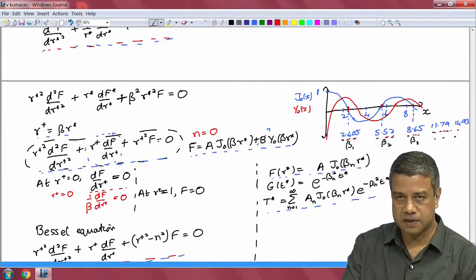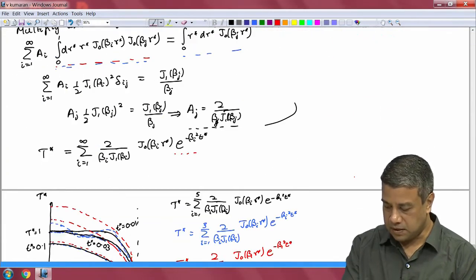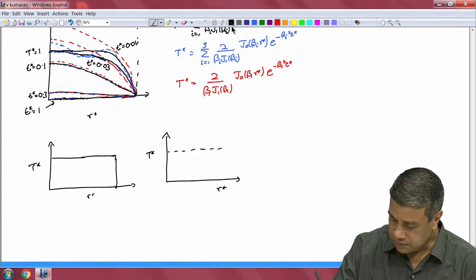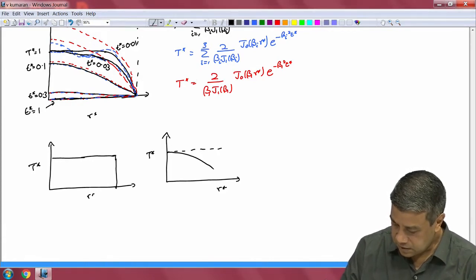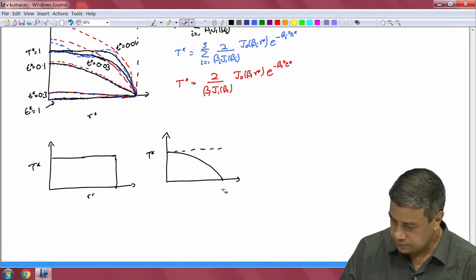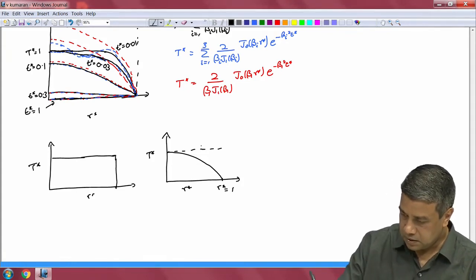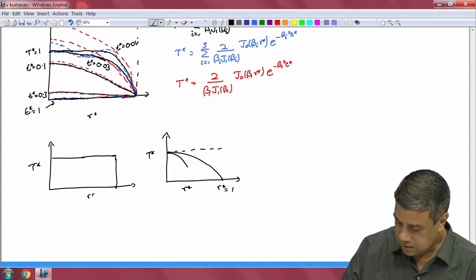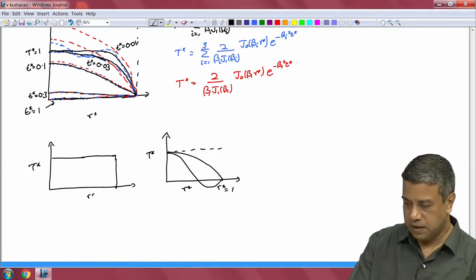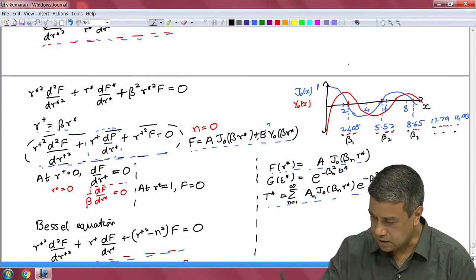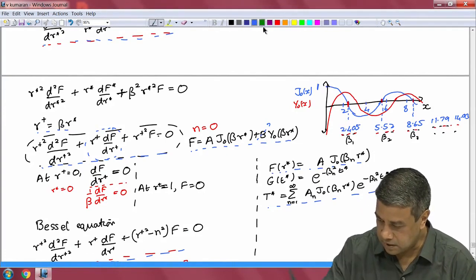So, you are trying to represent it by a series of functions, the first of which looks something like this. This is r star. The second one looks something like this. The second one is this segment, which has a 0 crossing here. So, the second one will look something like this.